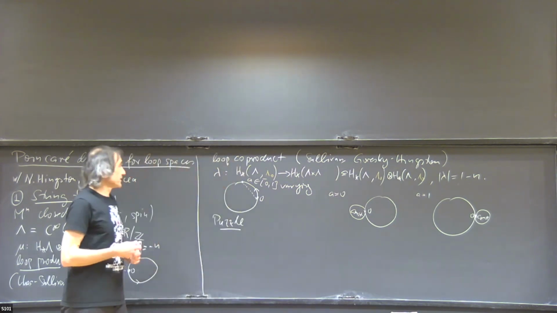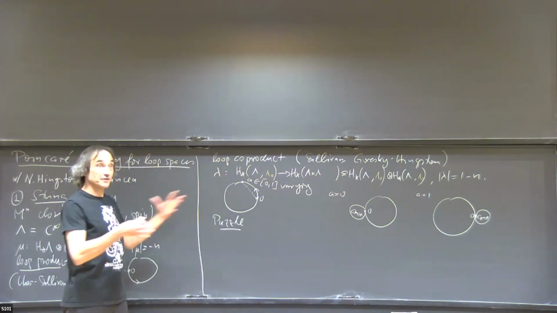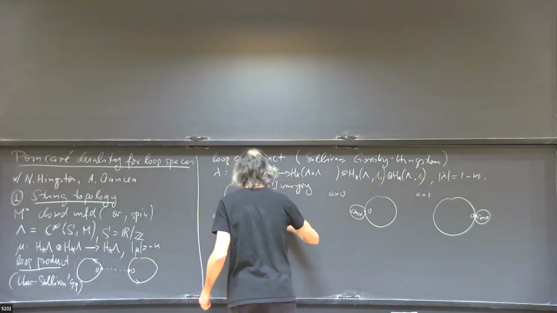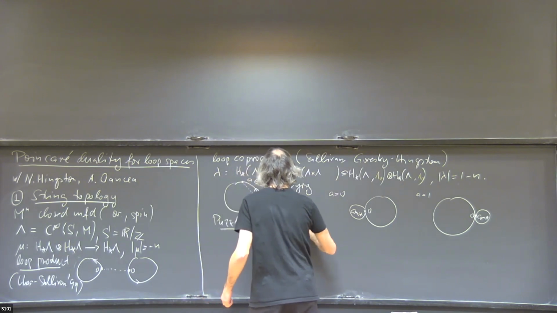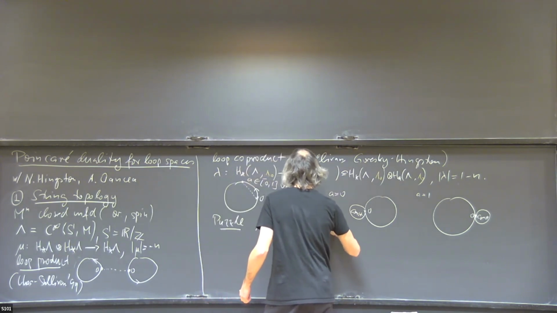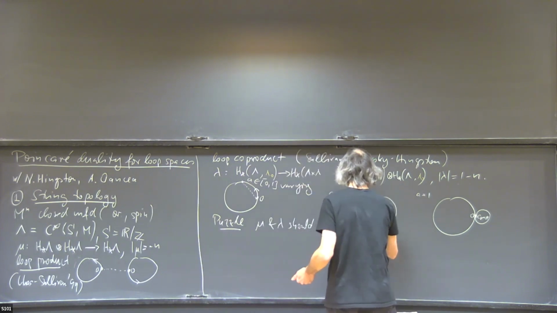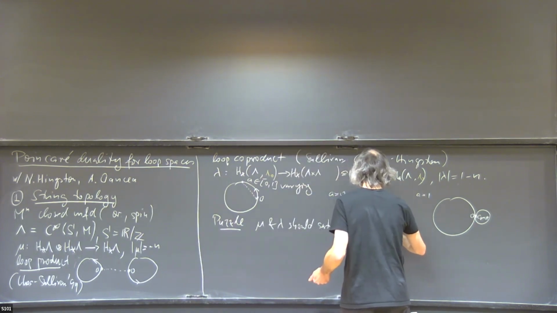One is that lambda and mu should satisfy some relation, and I'll write you the relation. Mu and lambda should satisfy what we came to call Sullivan's relation, because he first wrote it down.